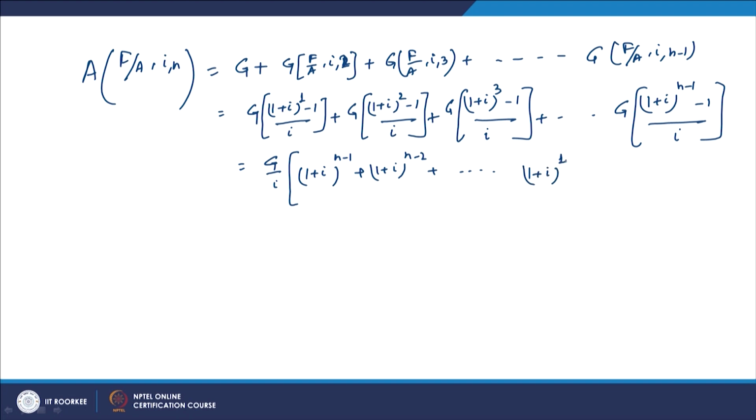Up to this we are coming, and then ultimately we have this 1 term coming n minus 1 times. So, it will be n minus 1.